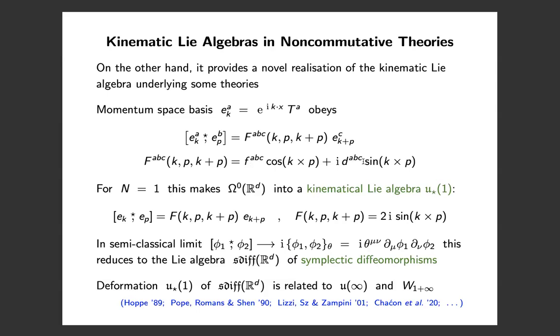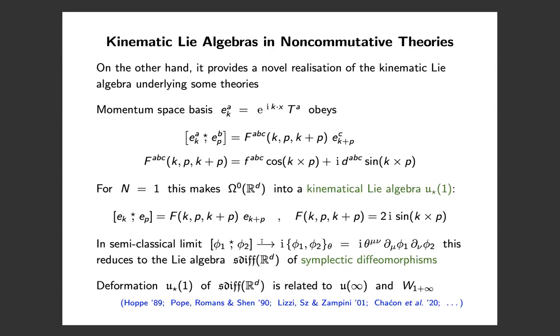The generator of u_*(1), the Lie algebra, is just the number 1, so its anti-commutator is just 2. Then you get an algebra which looks like this, an infinite-dimensional Lie algebra, where the structure constants are given by sign factors involving these momenta here.